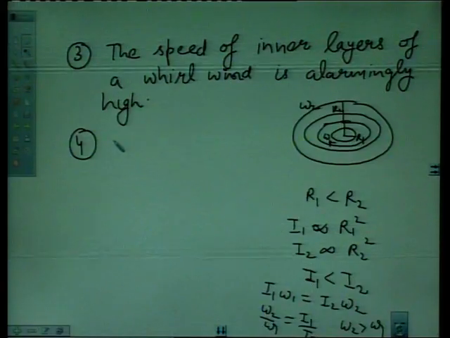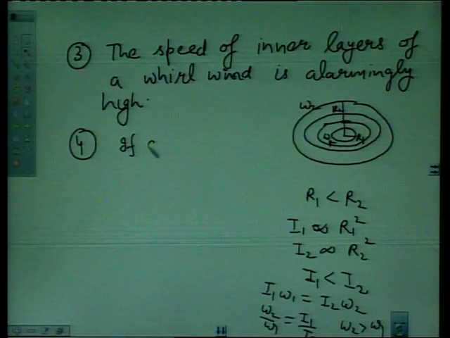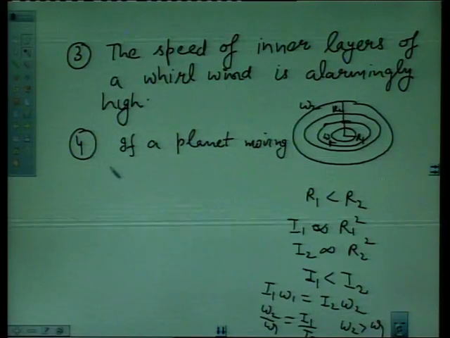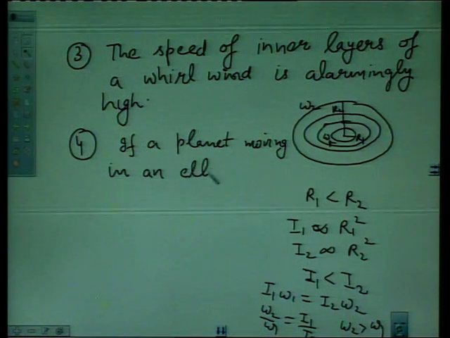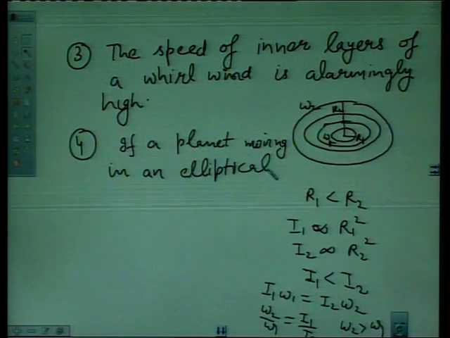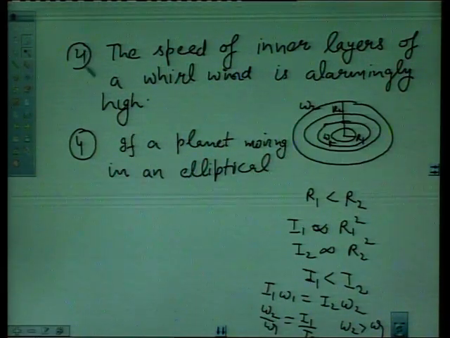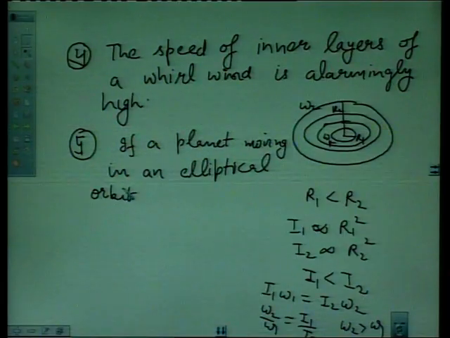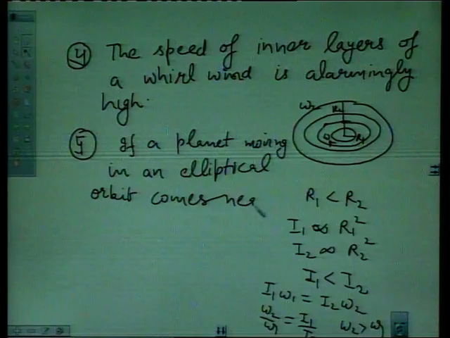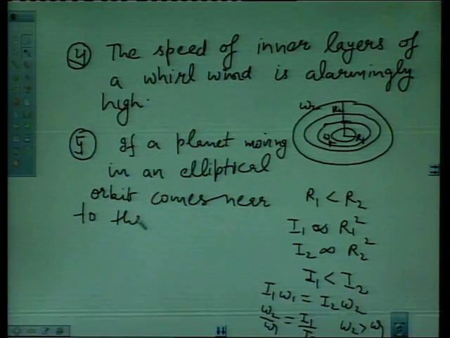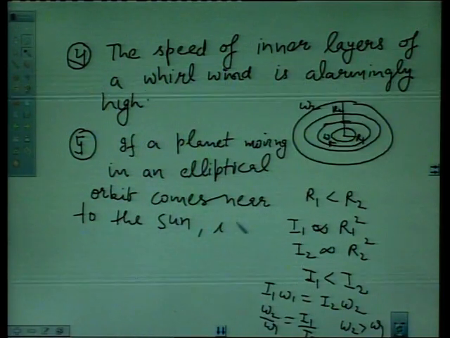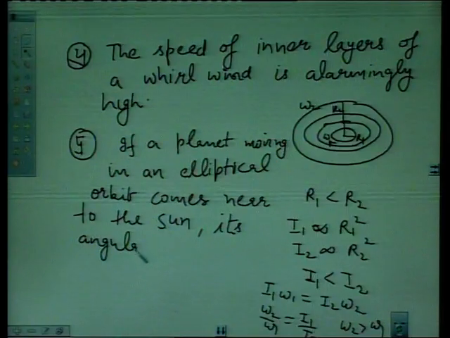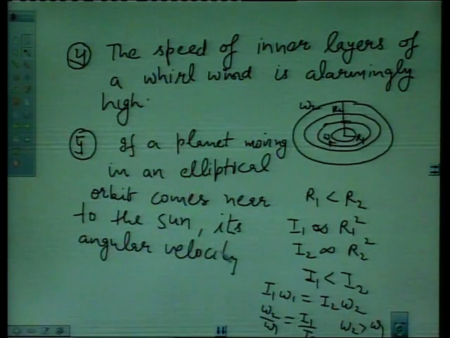And the next example is, if a planet moving in an elliptical orbit comes near to the sun, its angular velocity increases.